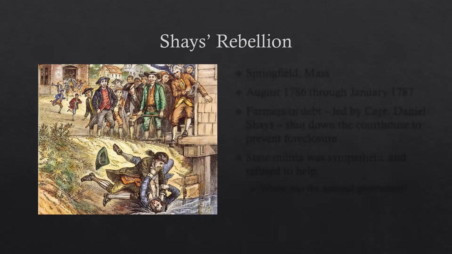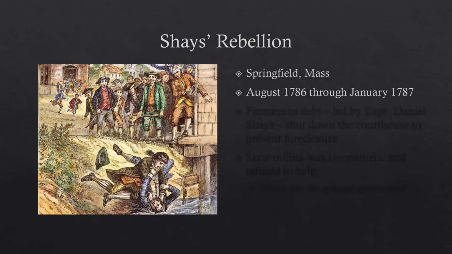And here's a big example of that. Something called Shays' Rebellion. This occurred shortly after the Revolutionary War ended in Springfield, Massachusetts. Some of the militiamen who had fought in the Revolution returned home to go back to their jobs, to go back to their farms. And when they arrived, they discovered that the banks who had loaned them the money to buy their farm and pay for their home were foreclosing on those debts.